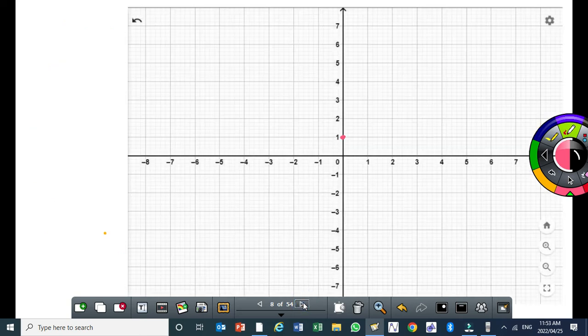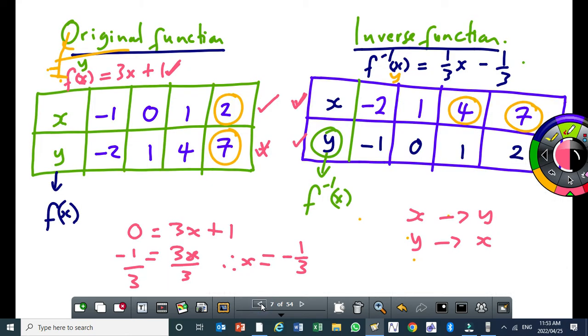So we go to the graph. I'm going to approximate my negative a third somewhere there. How do you find the x-intercept? If you put 0 here, you get 0 equals 3x plus 1. Then, if you want to make x the subject, you take the 1 to the left, it becomes minus 1. Then you divide both sides by what? The coefficient of x, which is a 3.